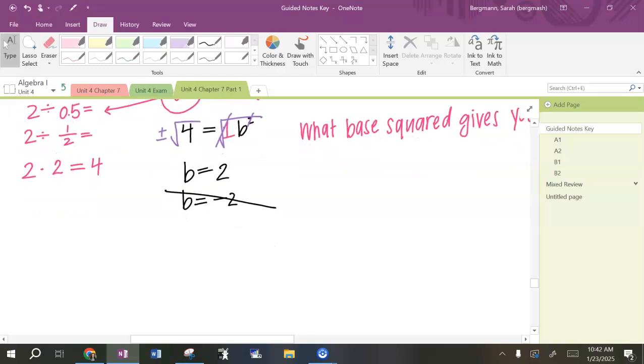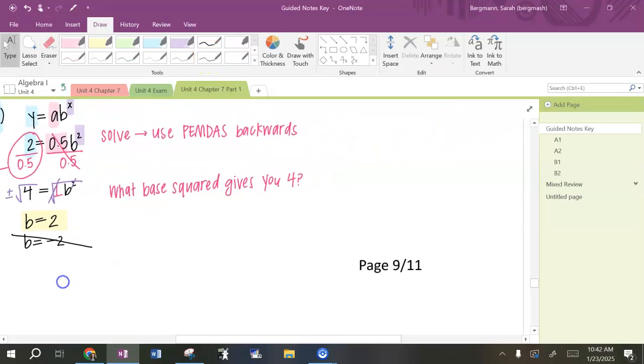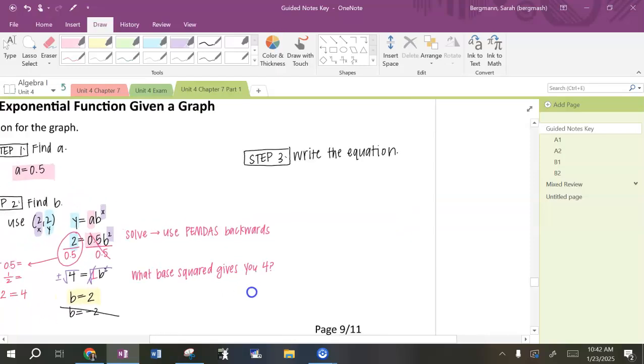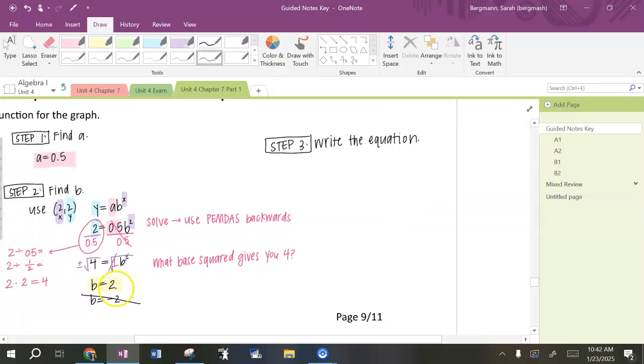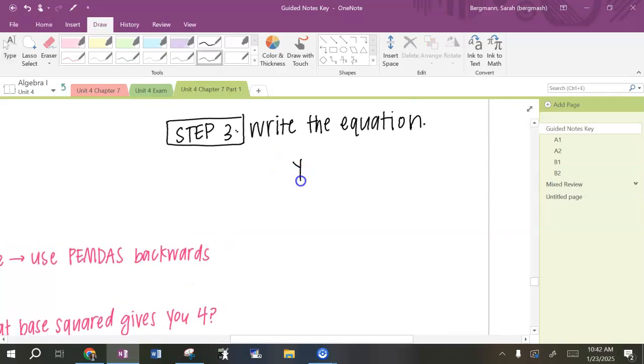Once you find your b value, now you're going to go back to step 3 and put it all together. So now you have your a value from step 1, your b value from step 2. So step 3 is write the equation. You always follow the format y equals ab raised to the power of x.